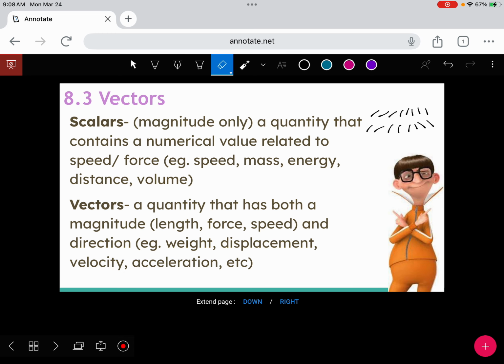Okay, so what a scalar is, it's kind of like the coefficient of a vector. It is part of it. It is speed, it is mass, it is energy, it is distance, something like that. It's not really changing. Vectors are all about magnitude, so it's going to have that length, force, speed, whatever, and a direction.